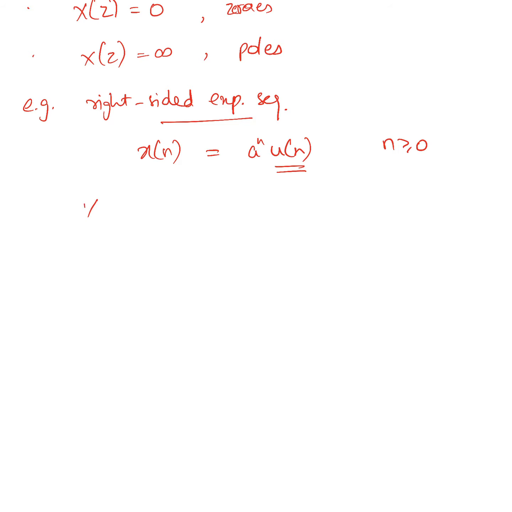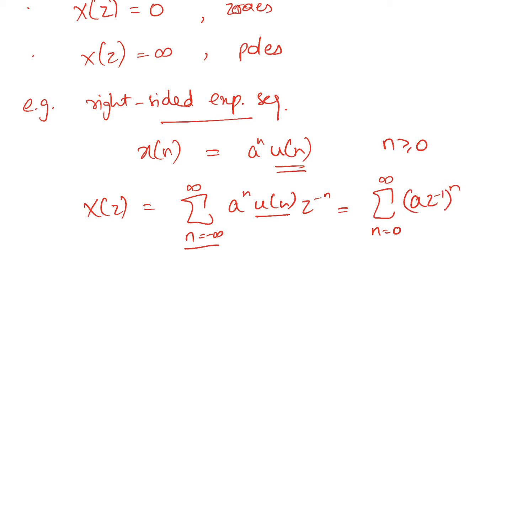Now computing the X of z by using the formula we discussed the last time, we have summation from minus infinity to infinity of a to the power n u of n z to the power minus n, which I can represent, because we have this u of n, by taking this summation instead from n equal to 0 to infinity of (a z inverse) to the power n.